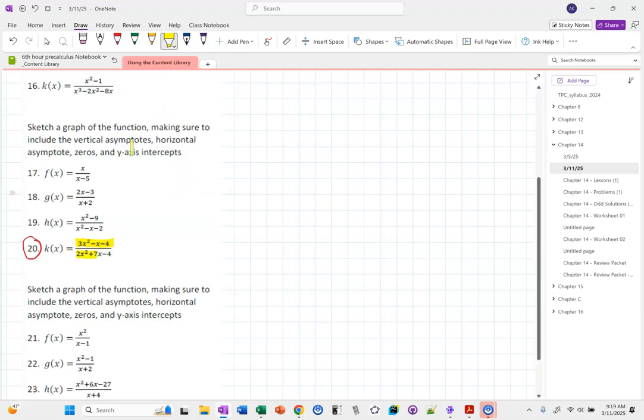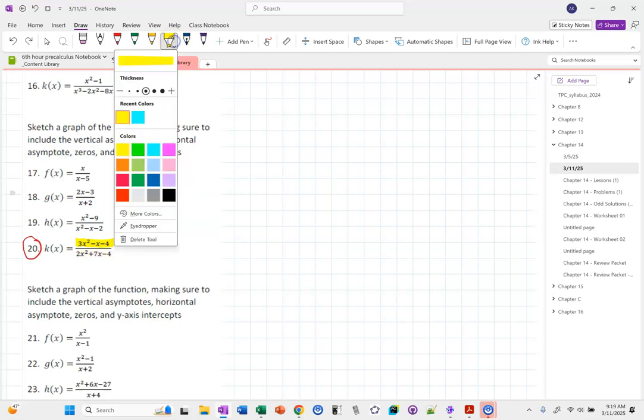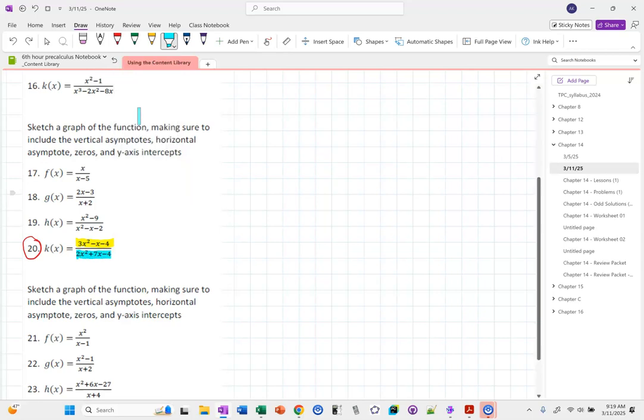What do you notice about this problem that makes the factoring a little inconvenient? There's a coefficient in front of the leading term. Yeah, excellent. There's a leading coefficient that's not 1, which means that we're going to have to do that long factoring.